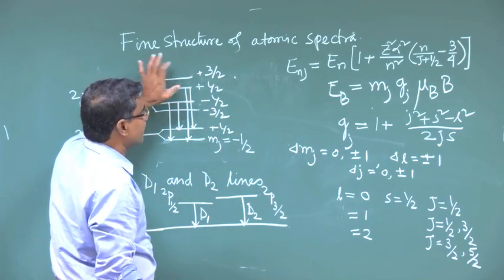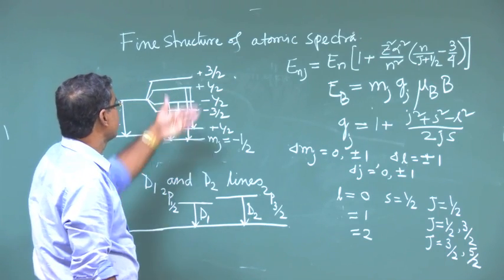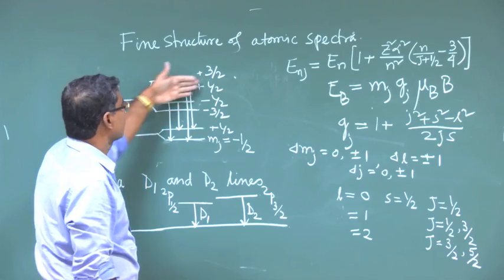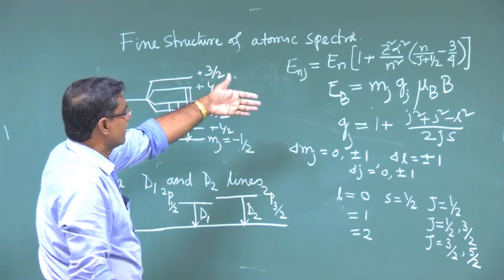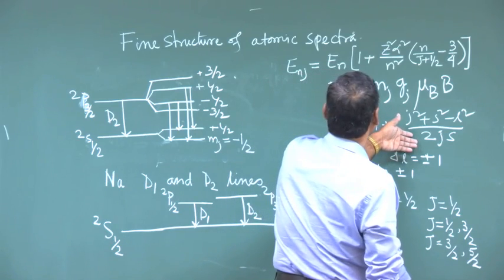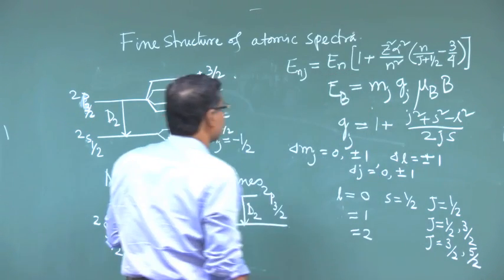Now this is asymmetric splitting, because the gj value is different for different j values; although S and L values are the same, the j values are different.